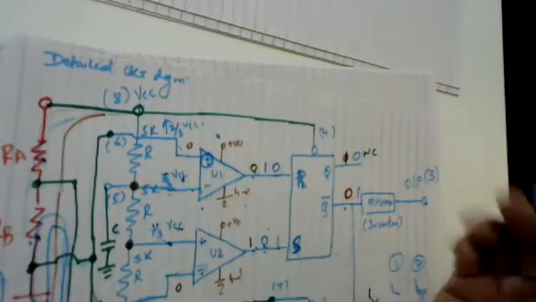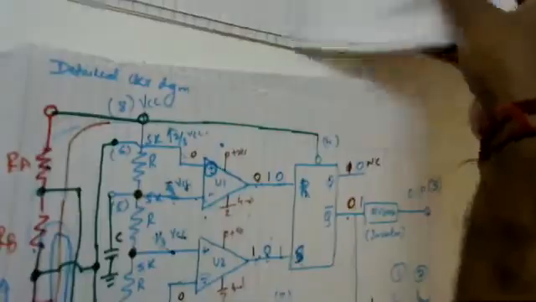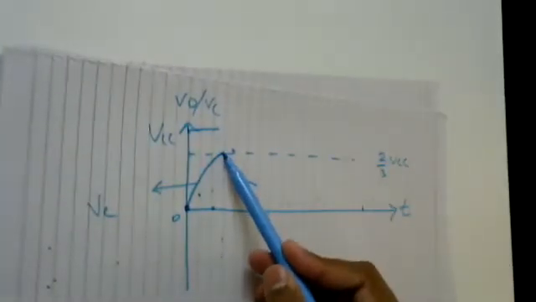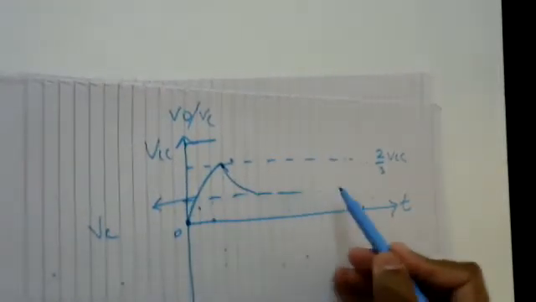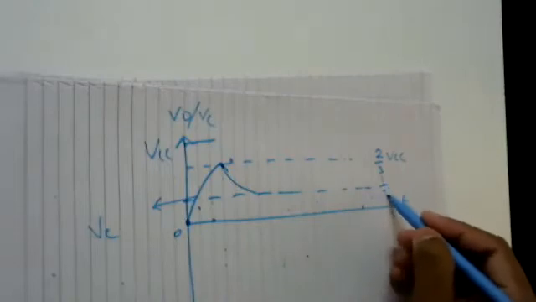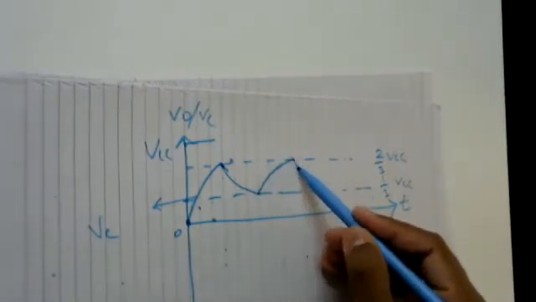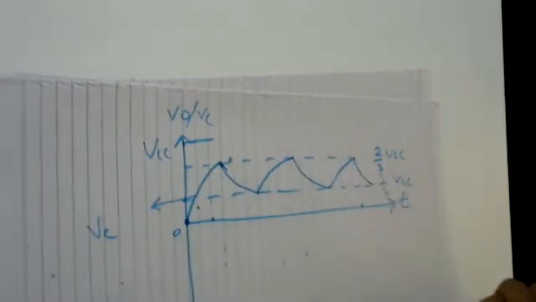Again, the cycle is going to recommence. So it can charge maximum to a voltage of 2 by 3 times that of VCC, and it can discharge to a minimum level of 1 by 3 times that of VCC. So it will be charging, discharging between 2 by 3 and 1 by 3 VCC like this.